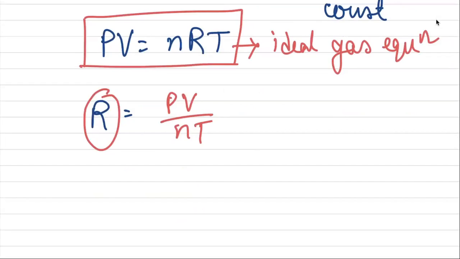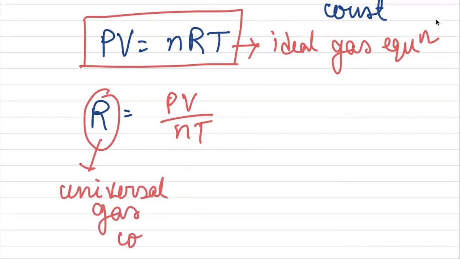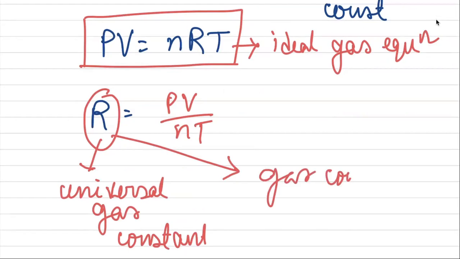R is a very important factor in the ideal gas equation. R is known as the universal gas constant, or we can also say the gas constant, or normal gas constant.